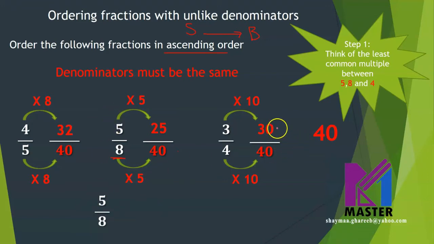Then 30 over 40. And I will write the original fraction 3 over 4. Then 32 over 40. And this is the biggest one. So I will write it as 4 over 5. And please don't forget to write the fraction that is mentioned in the question. Okay? Thank you.